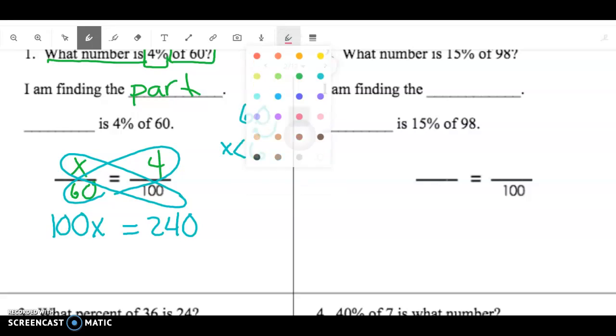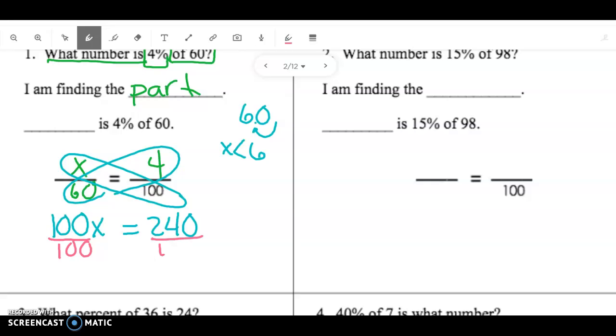All right. Next up, that's my step 2. Third step is to divide. We want to get x by itself, so we're going to get rid of whatever else is on that side. So x is equal to 240 divided by 100.